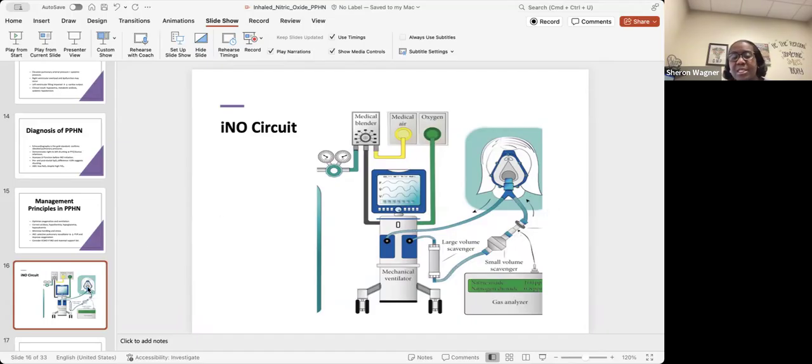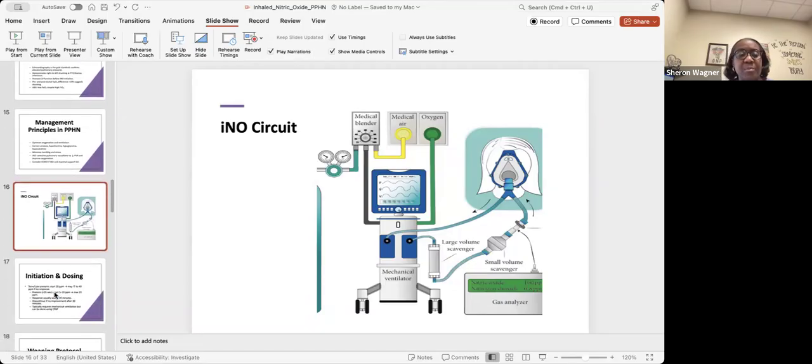And it's not to say that nitric oxide cannot be delivered by other means, because if you have a baby that's older, a term baby, or one that was a preemie and has BPD, that baby may not be on mechanical ventilation, may not be intubated. It could be on CPAP or nasal cannula, where you can deliver nitric oxide by that means.